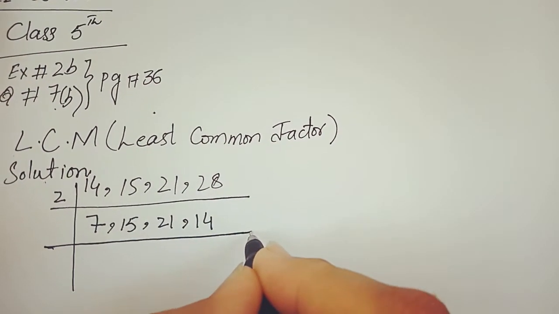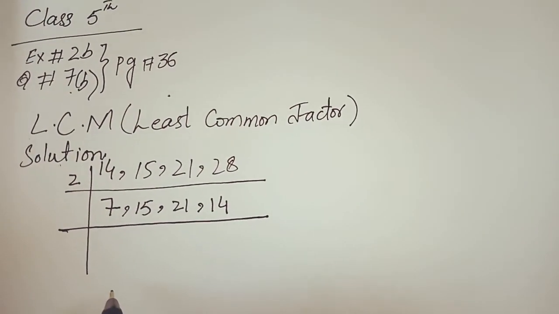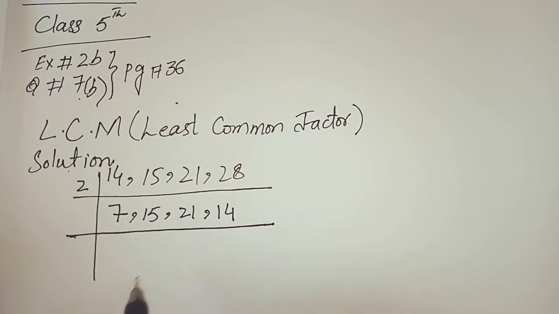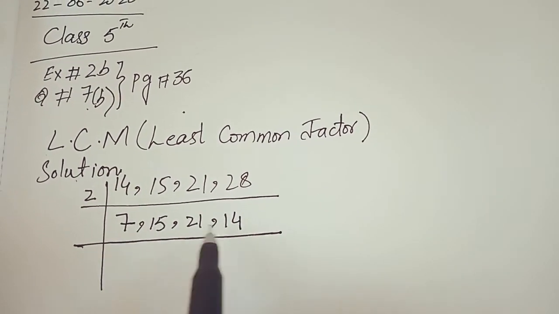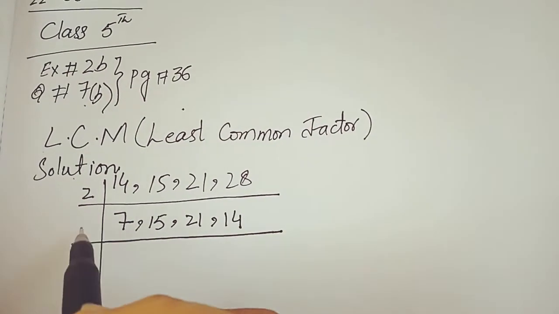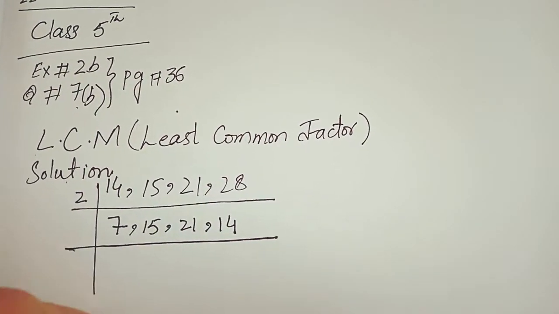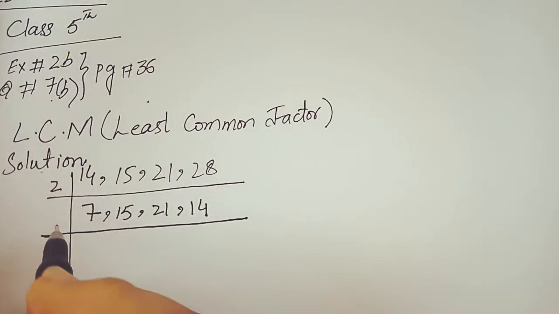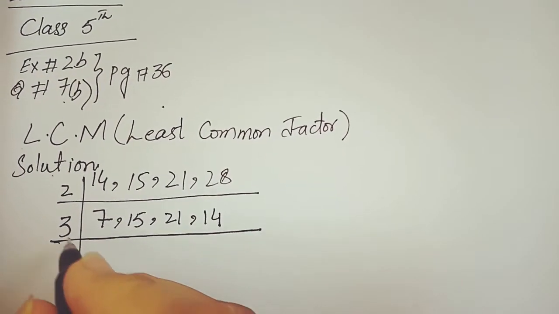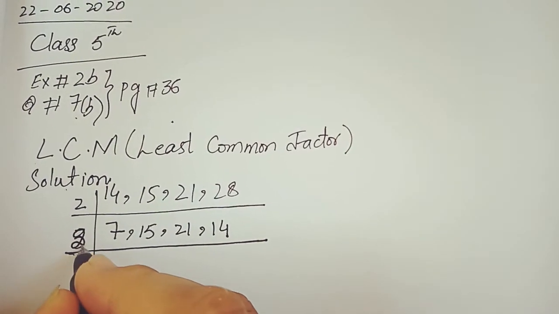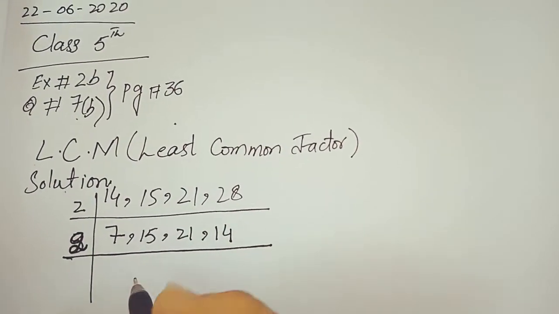Clear? Now see, this table can divide the numbers. All these numbers are odd except this one, so we will divide them by an odd number. So do the even first.